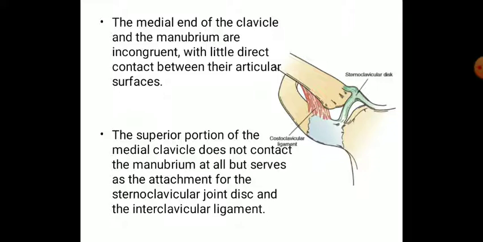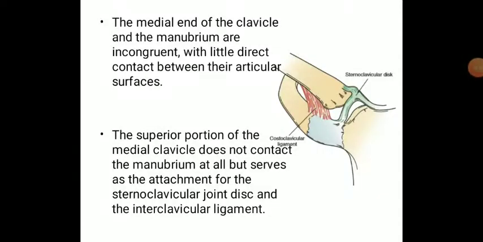They are not in contact with each other everywhere, though some portions are attached. So the sternum and clavicle do not fit together properly, and we need something in between these two articulating surfaces to produce the purposeful function of this joint.